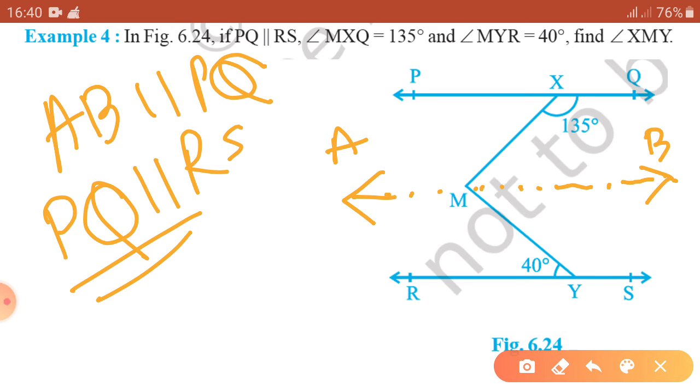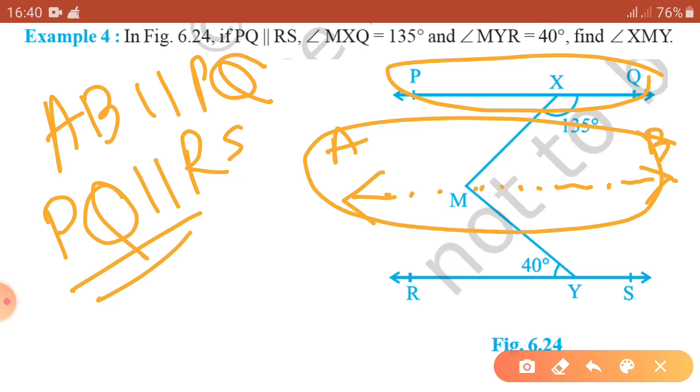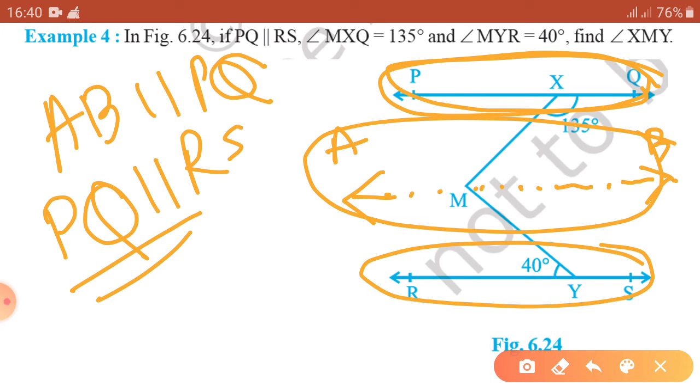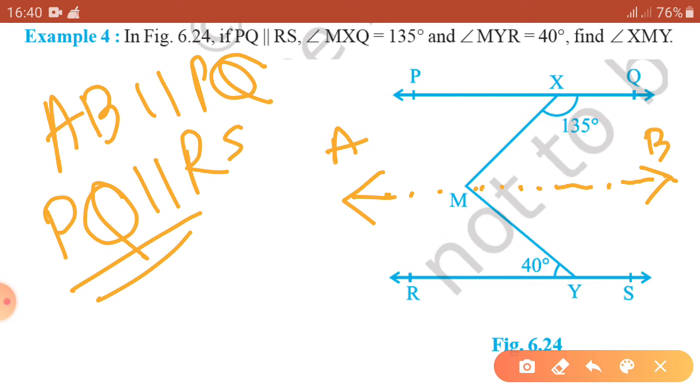PQ is parallel to AB, and PQ is already known to be parallel to RS. So we can say that AB is parallel to RS.